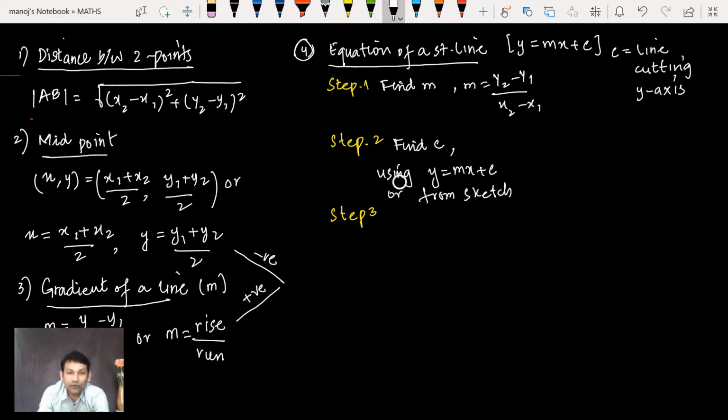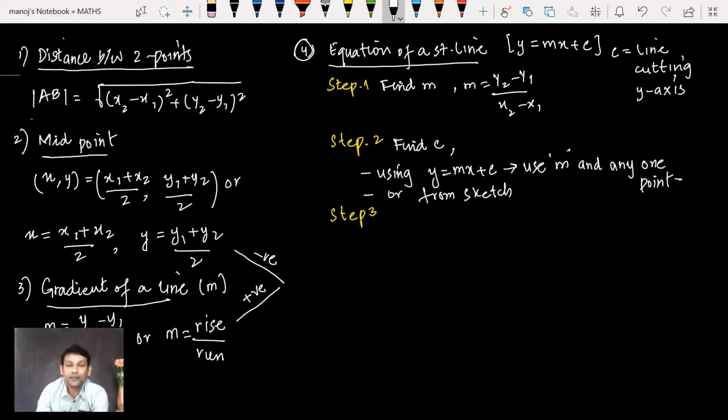But if you want to use this equation to find c, you have to use what? Remember, use the gradient and any one coordinate, any one point. This is the step to find c. We are having 2 ways. Number 1, when the coordinate and gradient are given, we can find c, or we can use the sketch to find c.